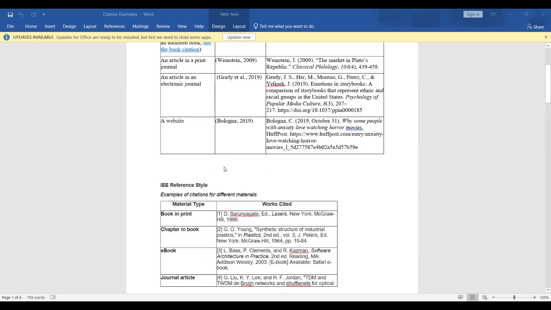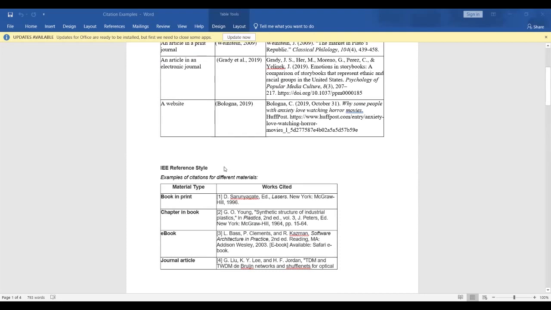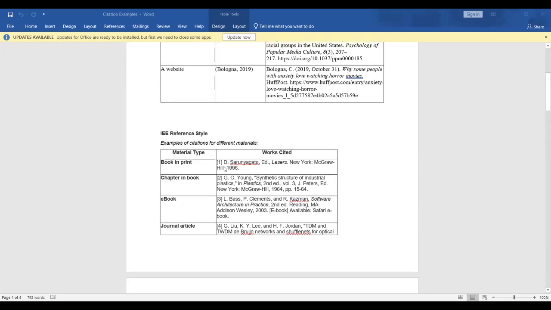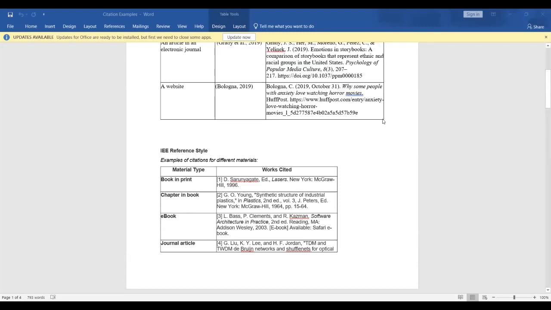Then IEEE reference style, right? Engineering side, I know. If it's a book, it is different. Now you see this here. We put year of publication first, but in the IEEE style, year of publication comes at the end.